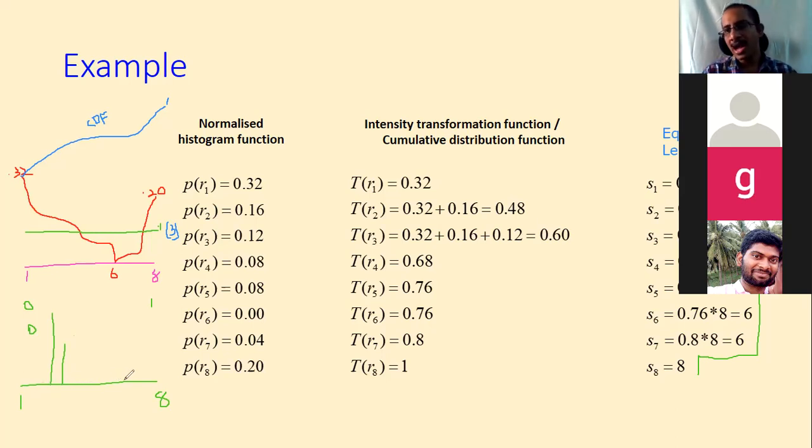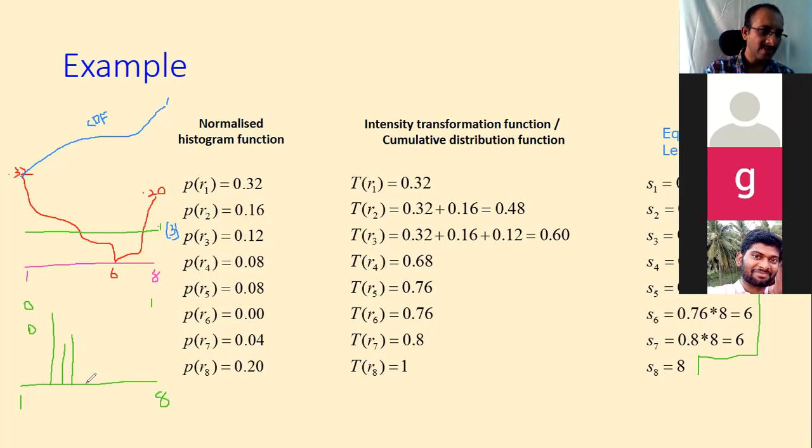And then at 5, how many pixels are there? Can somebody quickly tell? It is 5 pixels. So at 5 you have 5 pixels. And then at 6, how many pixels? 3 pixels, correct.